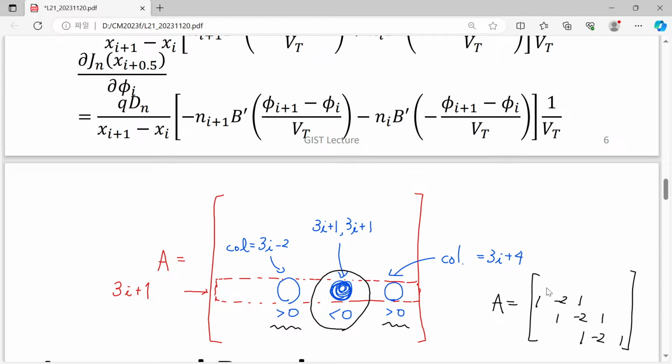Here you have a certain diagonal component which has a certain distinct sign, and when you have a look at this part, you can find that they all have the opposite sign against this diagonal component.